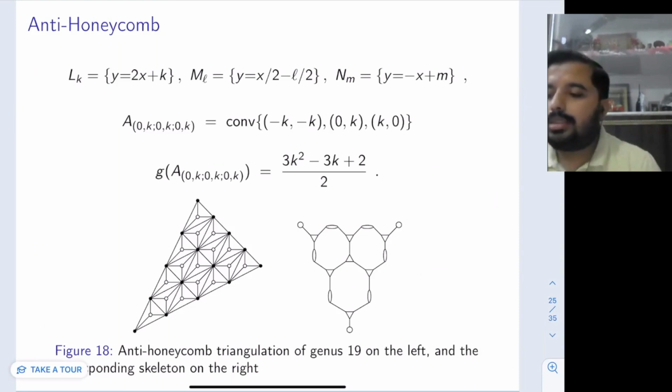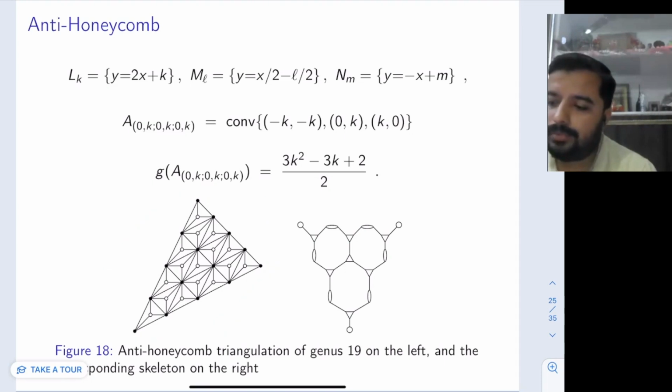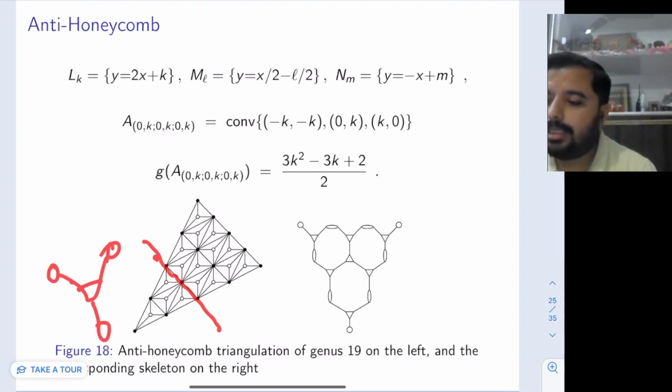Just a side note, which we eventually saw in the first picture. There is a nice collection of triangulations that we were able to encounter, which we refer to as anti-honeycomb. The picture we saw in the first slide, which gave us this skeleton, actually resides here.